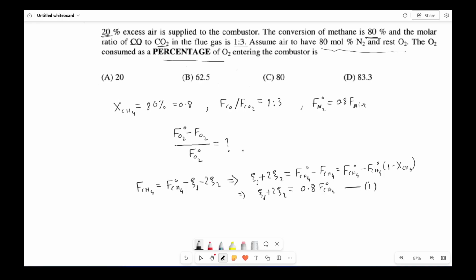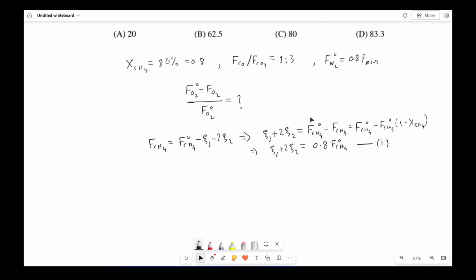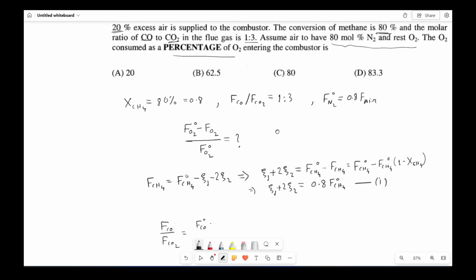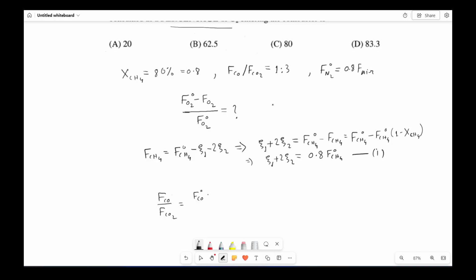Now in the flue gas, it is also given FCO by FCO2. FCO is FCO naught plus, CO is only in the second reaction, 2 zeta 2, divided by FCO2 naught.